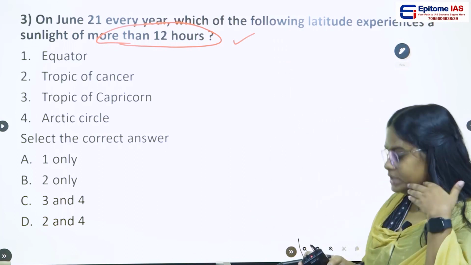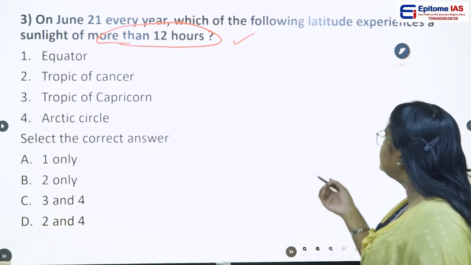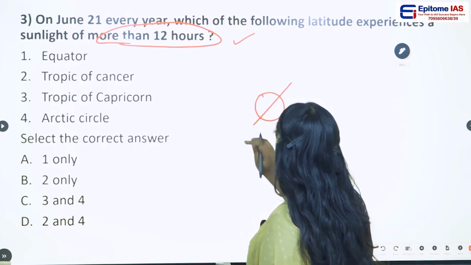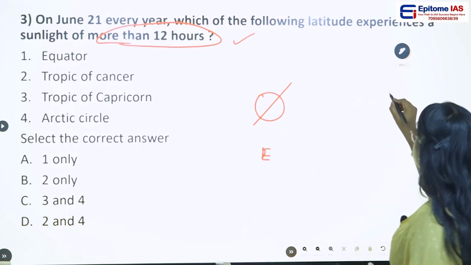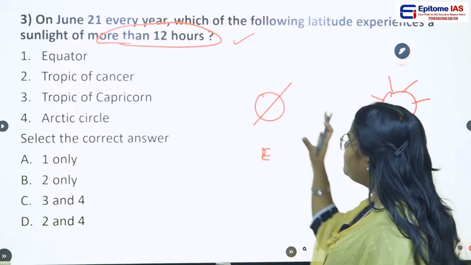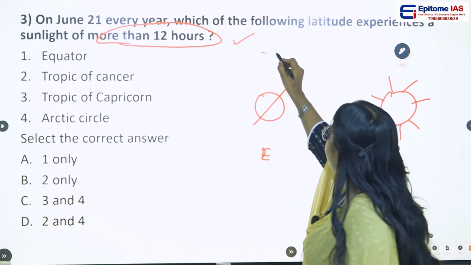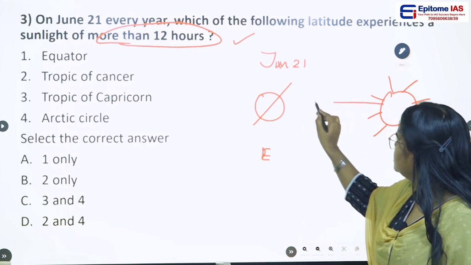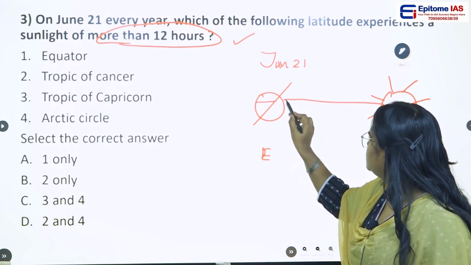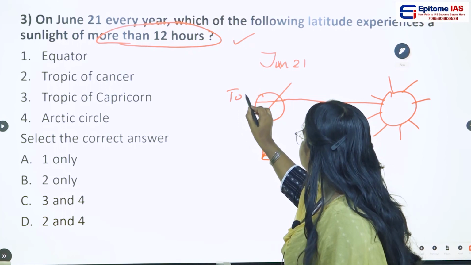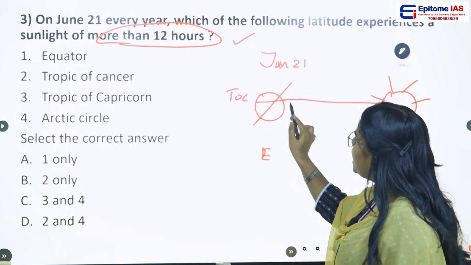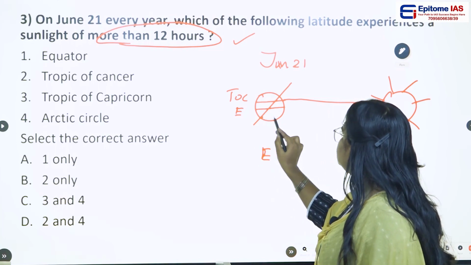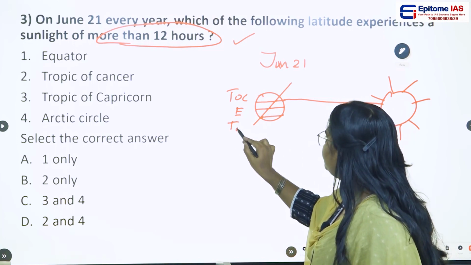There is a basic fact that, let's say, this is the earth and this is the sun. What happens on June 21 is the direct sun rays fall on the Tropic of Cancer. Let's say this is Tropic of Cancer, this is equator, and this is Tropic of Capricorn.